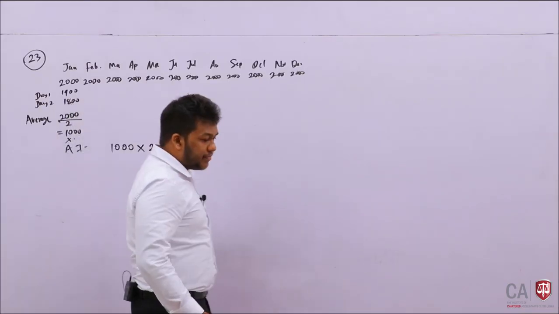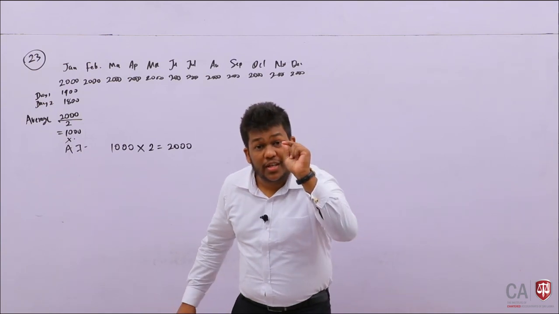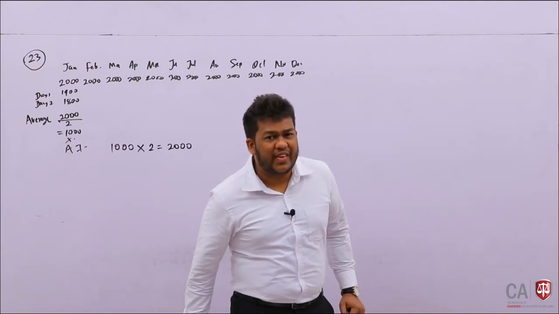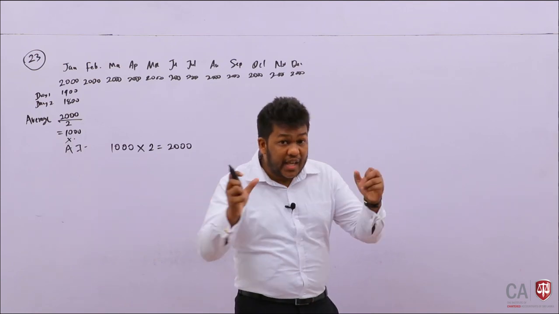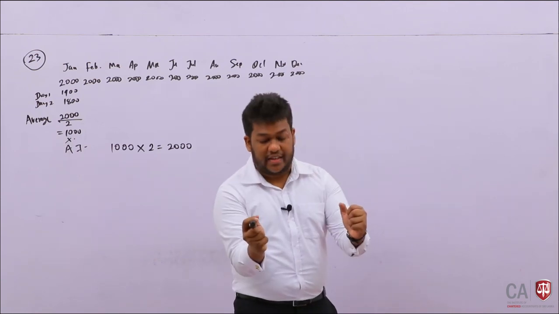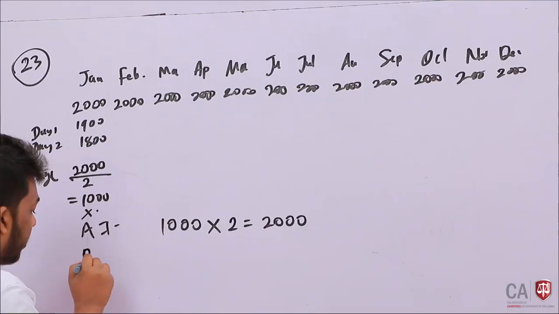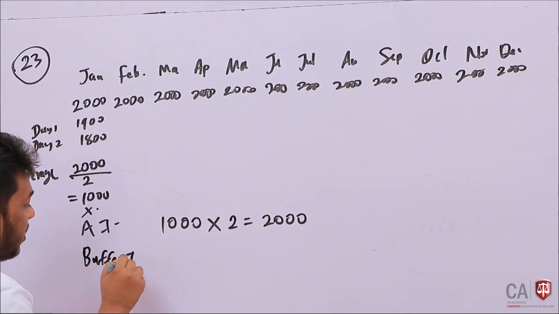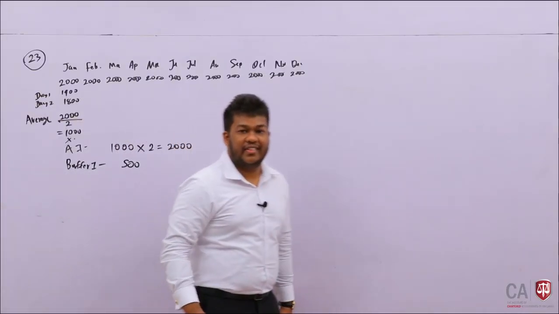But they say what? The company holds a buffer inventory. What is buffer inventory? Safety stock. Safety inventory is there. So buffer inventory is 500. Buffer inventory will always be there.